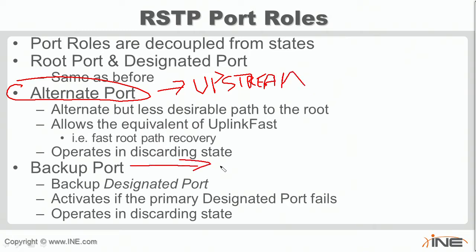This one here is a backup downstream port. So I'm not really 100% sure what case you would have this in. You would have to be connected to some sort of shared segment that you're trying to run a spanning tree over. But normally you don't have this because the switches run in a point-to-point fashion where they're directly connected to each other.